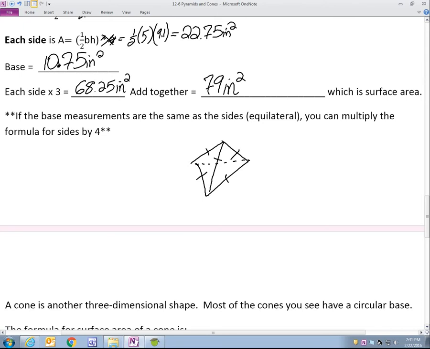That one is an equilateral triangle on every single side. So you just have to find the amount of 1 and then multiply it by 4. Is that clear?